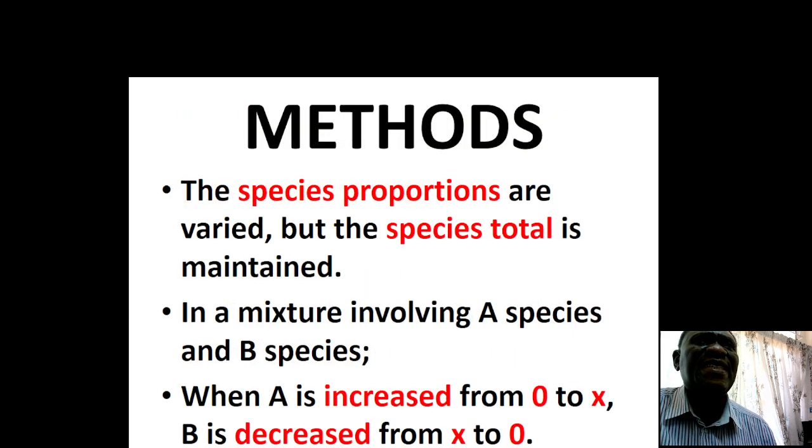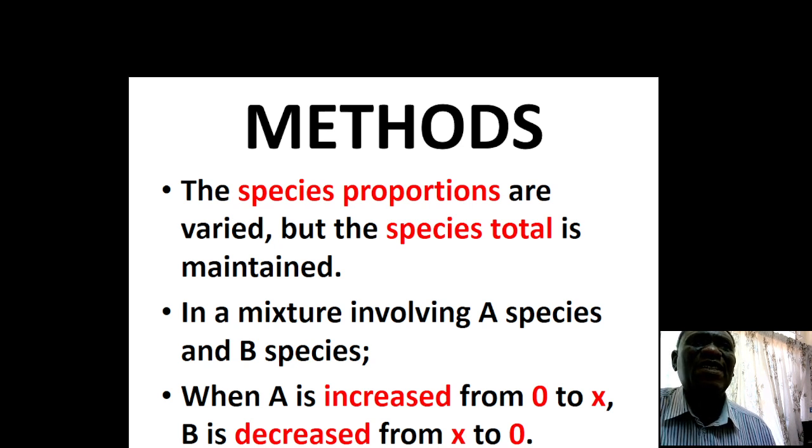Now, as far as the methods are concerned, you are going to have species proportions which are varied. So you've got the weed proportion and the crop proportion which are varied, but the species total is maintained. So the total number of weeds and crops should be the same in the end.